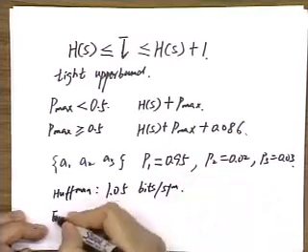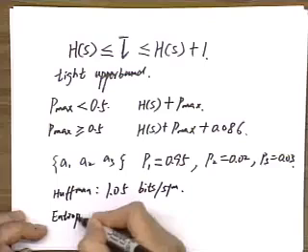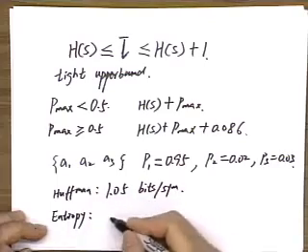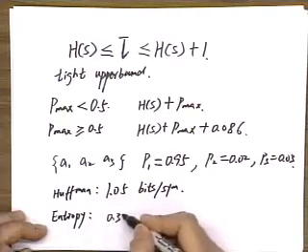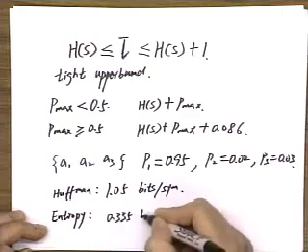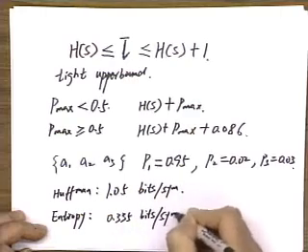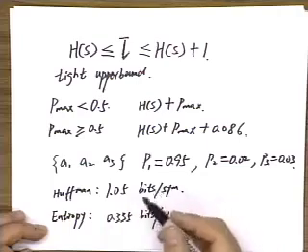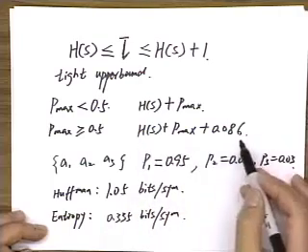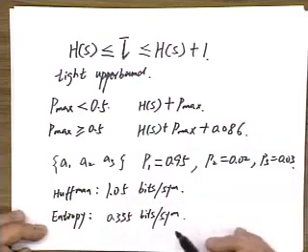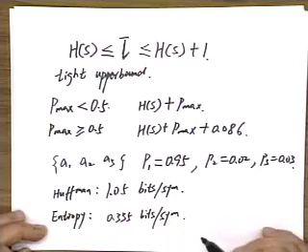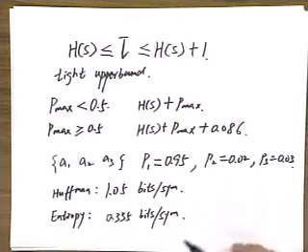But the entropy in this case is 0.335 bits per symbol. So although Huffman coding is still guaranteed by this bound, because the entropy is much smaller than 1 bit per symbol, Huffman coding is not very efficient in this case.